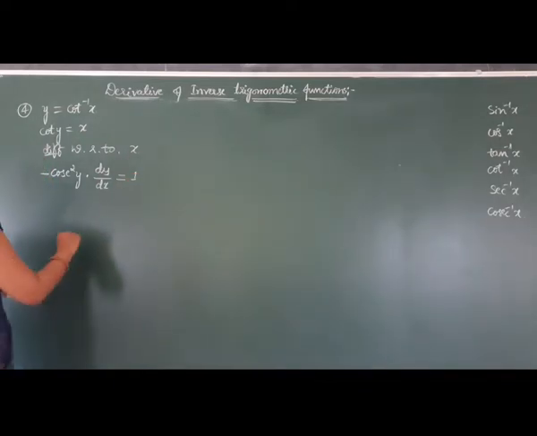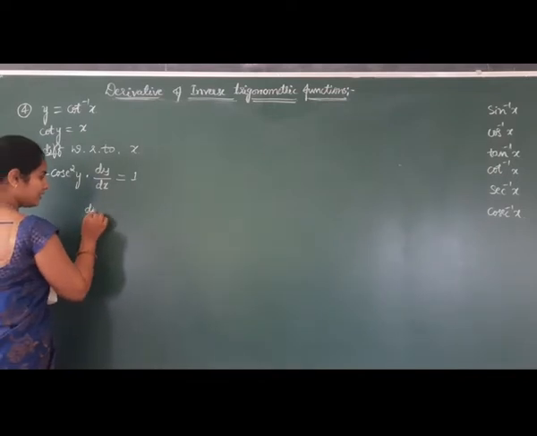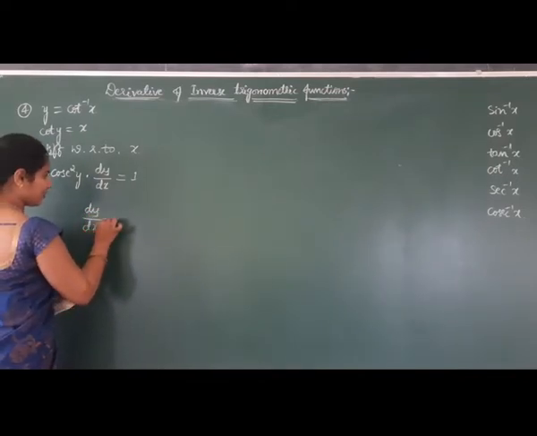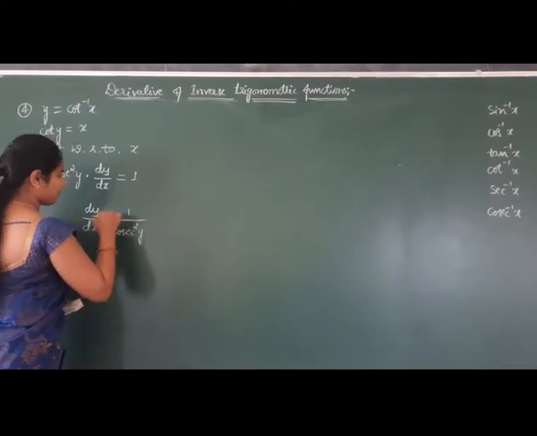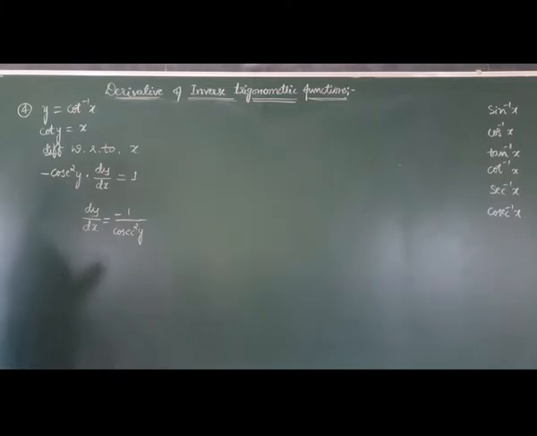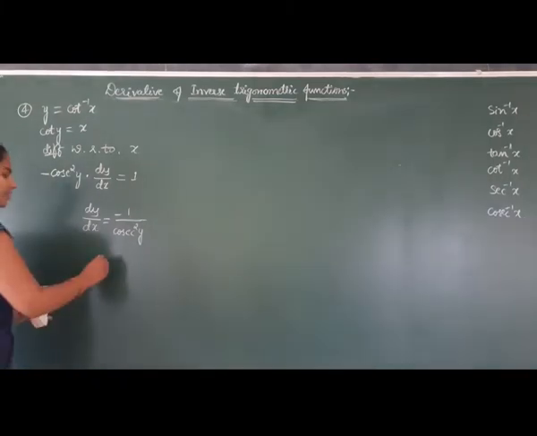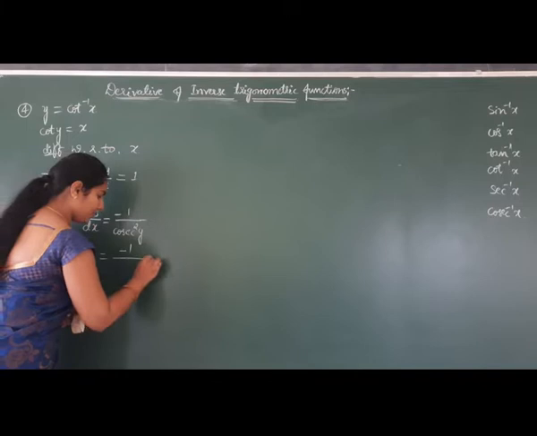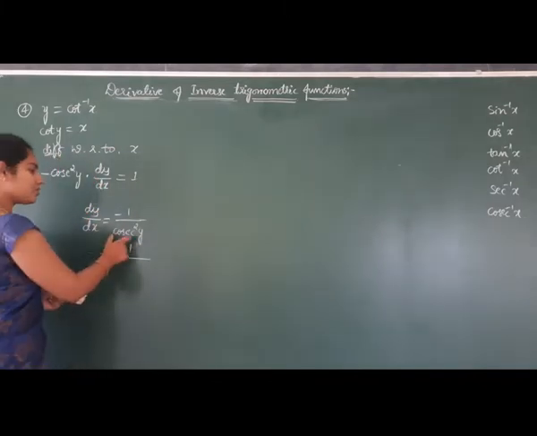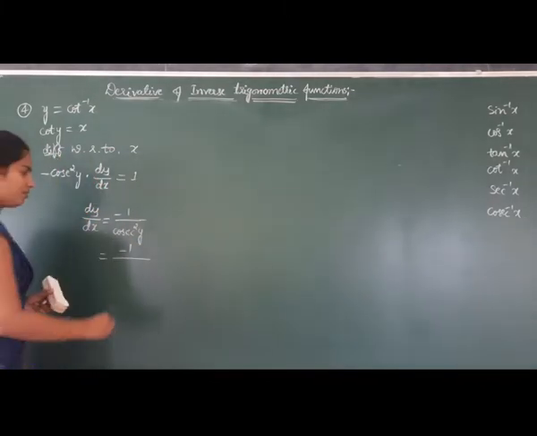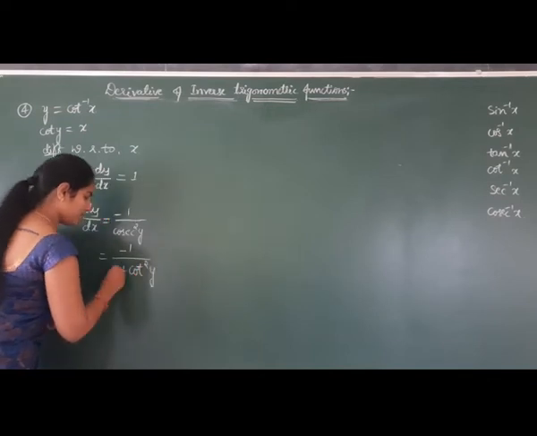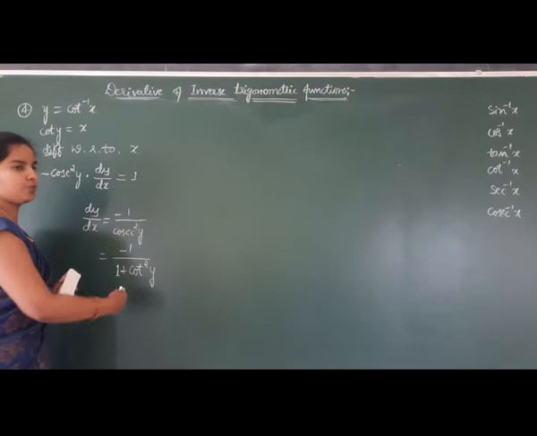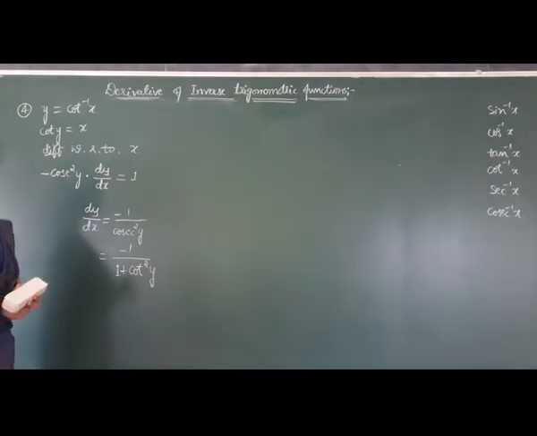So this implies dy by dx is equal to minus 1 divided by cosecant square y. So what is cosecant square y? 1 plus cot square y, right? So cosecant square y is equal to 1 plus cot square y.